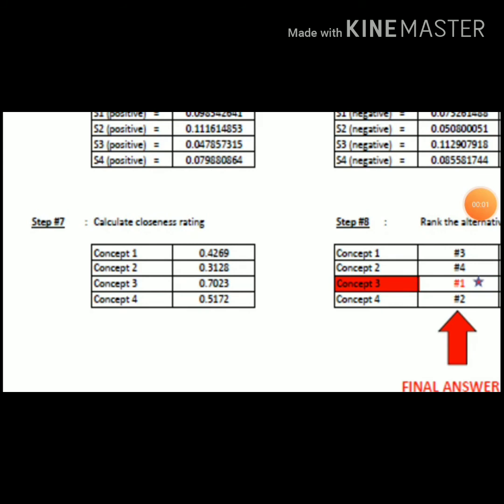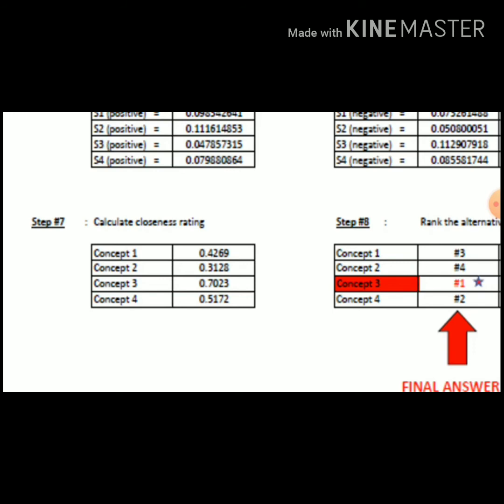Okay, so frankly one might ask, why does the closeness rating calculation include the negative separation distance as the numerator, and why do you put the positive ideal solution as the denominator, the lower part? This is basically because when you have the highest value of the negative ideal solution, it impacts the closeness rating, because it is the numerator.